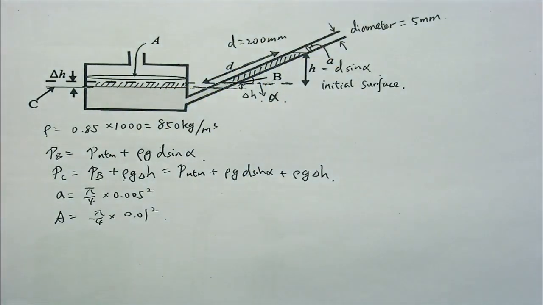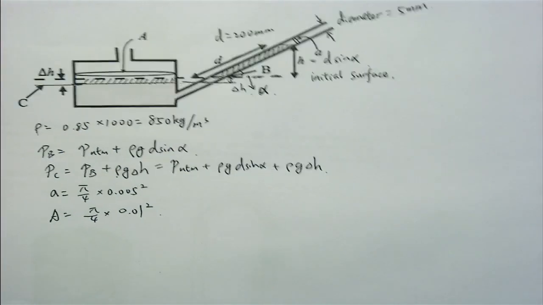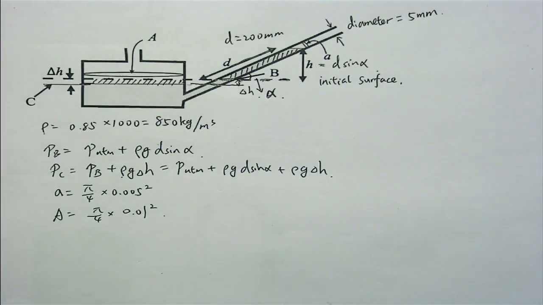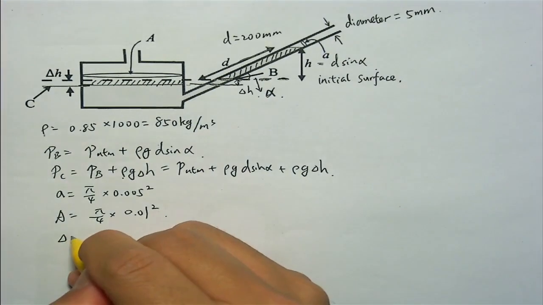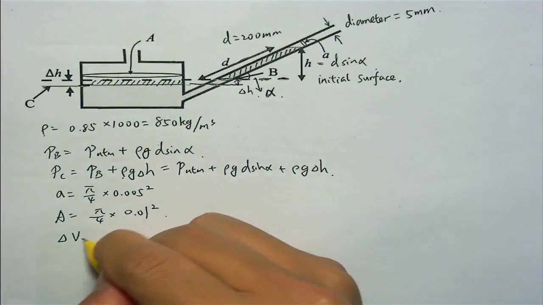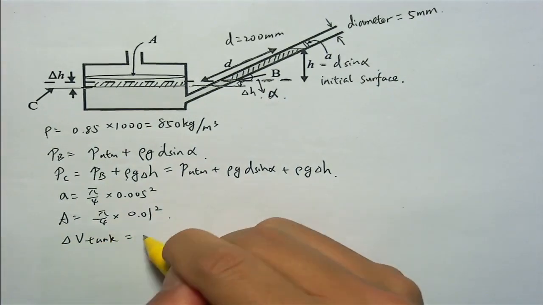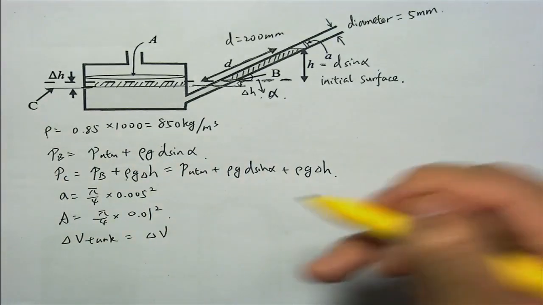So the volumes of these two areas are the same, right? Because it moves to that. So we just use the volume change in the tank is equal to the volume change in the pipe.